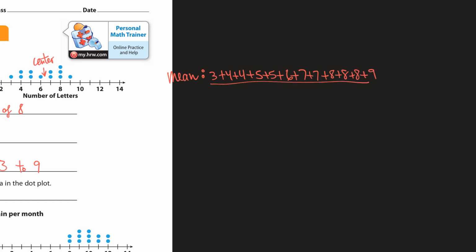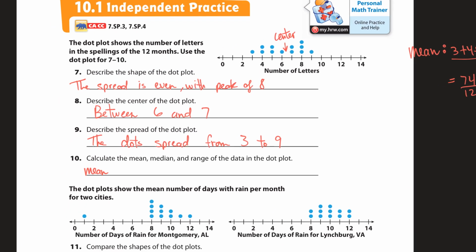Let me make sure I got all 12. 1, 2, 3, 4, 5, 6, 7, 8, 9, 10, 11, 12 months. And so I have to divide by 12. That sum is equal to 74 and divided by 12, you would get 6.16 repeating. Rounded would be 6.17. So the mean is going to be 6.17.